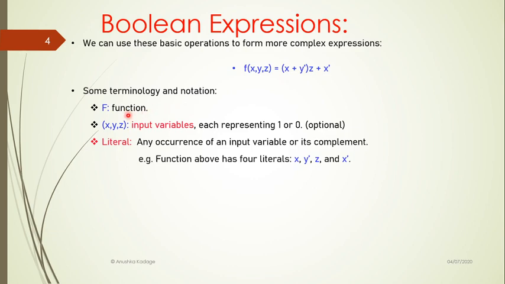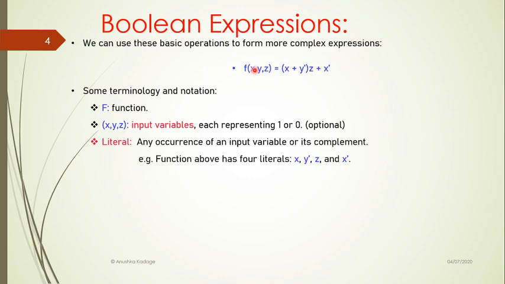So I can say in short here the f letter indicates the function of, and inside the bracket we are mentioning the variables for which the function we are writing.